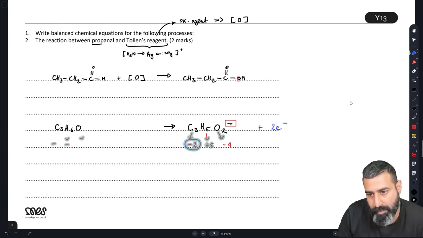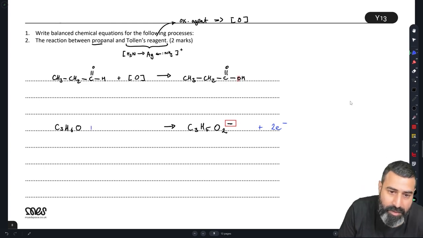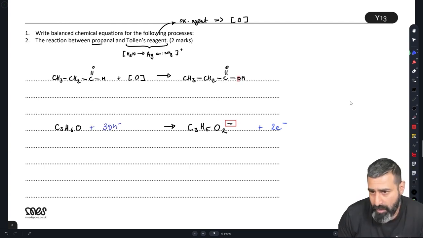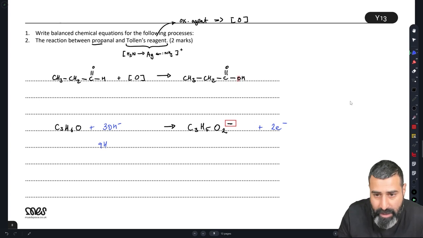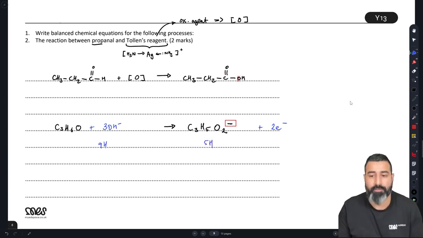Okay, so then if it's in alkali conditions, we've got 3 negative charges that we're going to balance with 3 hydroxide ions. So then let's have a recount. We've got 3 hydrogens on the hydroxide. How many hydrogens do we have on the left hand side? In total, we've got 9H on the left hand side, and we've only got 5H on the right hand side.